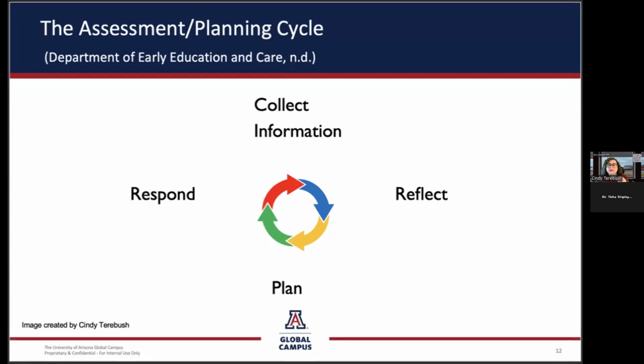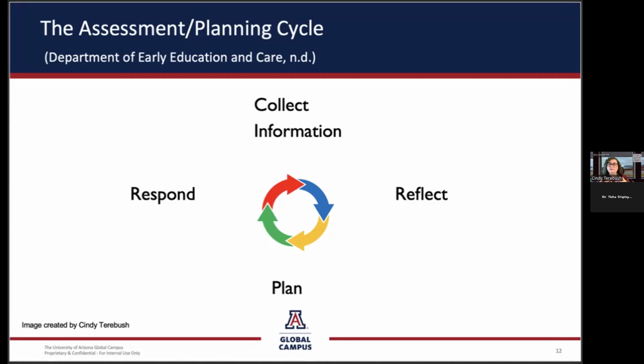The assessment planning cycle starts, again, not with the plan. It starts with collecting information. So first we collect information about the children. Then we're going to have to reflect on that information and decide, what does that mean? The information that I've collected, what does that tell me about where the child is today? Then we're going to use that information to plan.